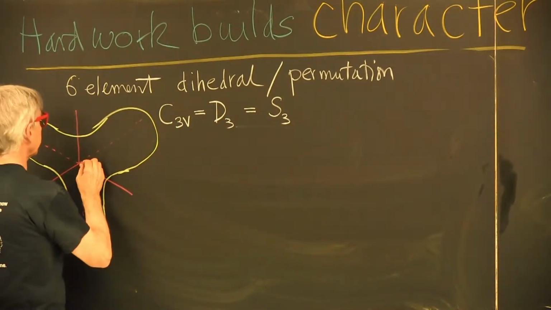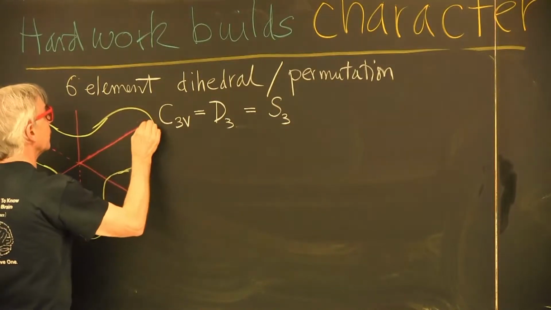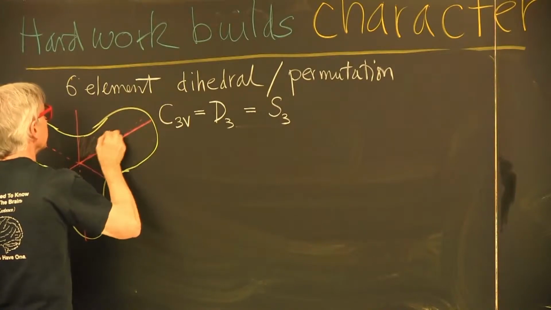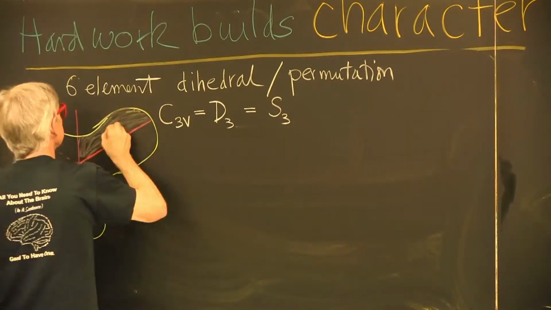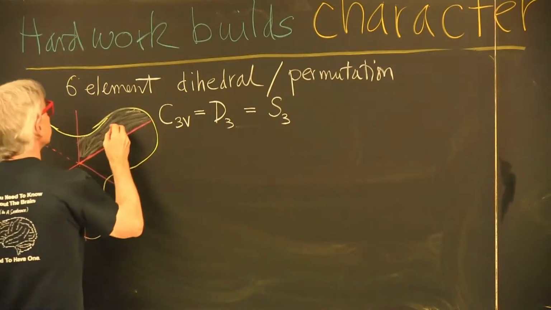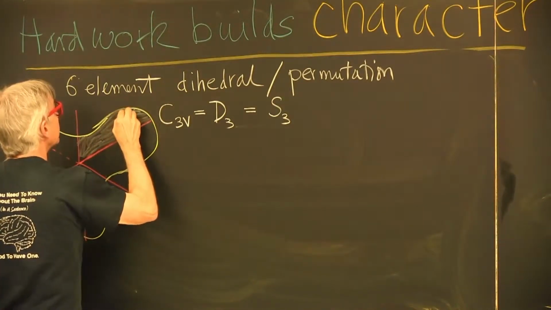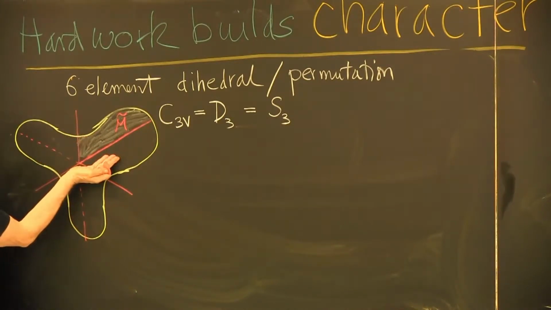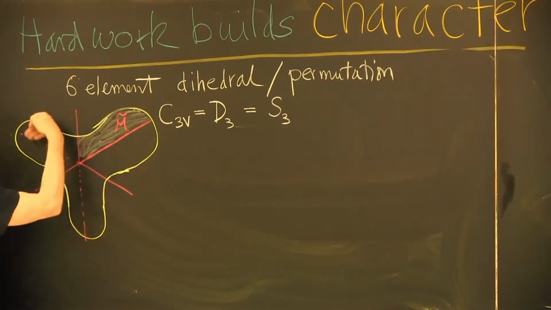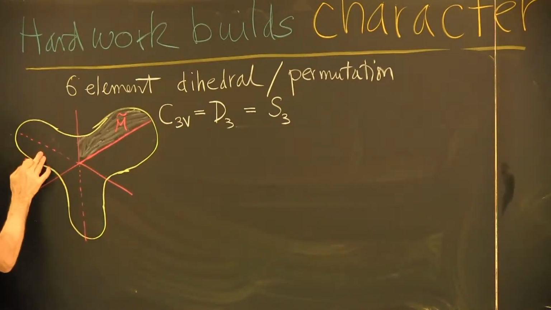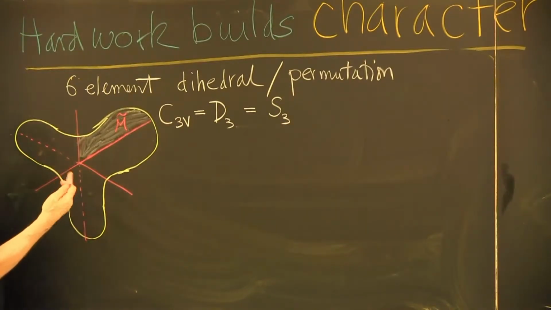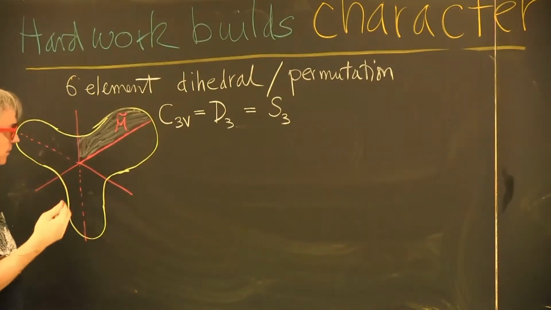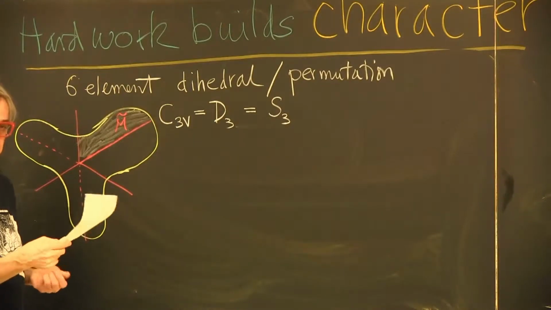And now the fundamental domain is 1/6 of the world. I can take this neighborhood and call it the fundamental domain. Then if I flip it, I get this one. If I flip it that way, I get that one. If I rotate it by 1/3, I get that one. If I rotate it by 2/3, I get that one. So in 2 flips and 3 rotations, which is a total of 6 elements, I can cover the whole space.